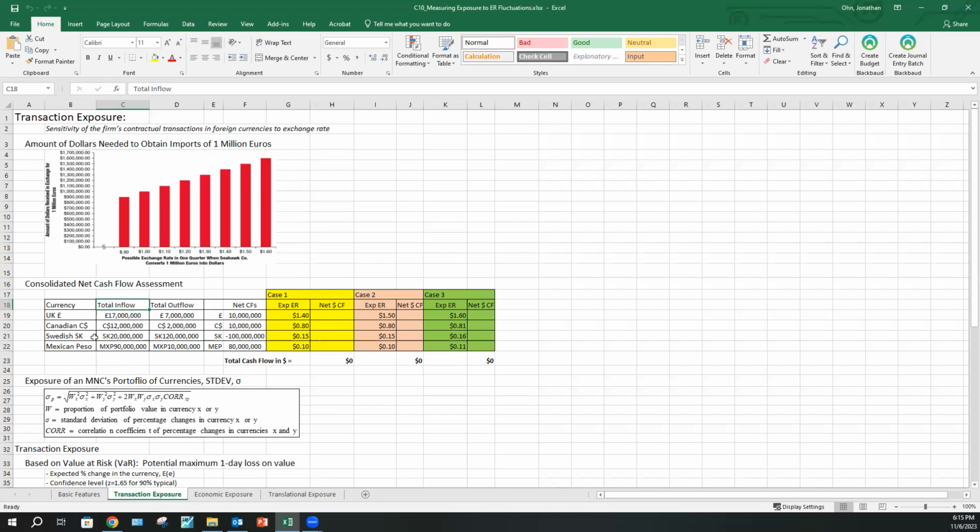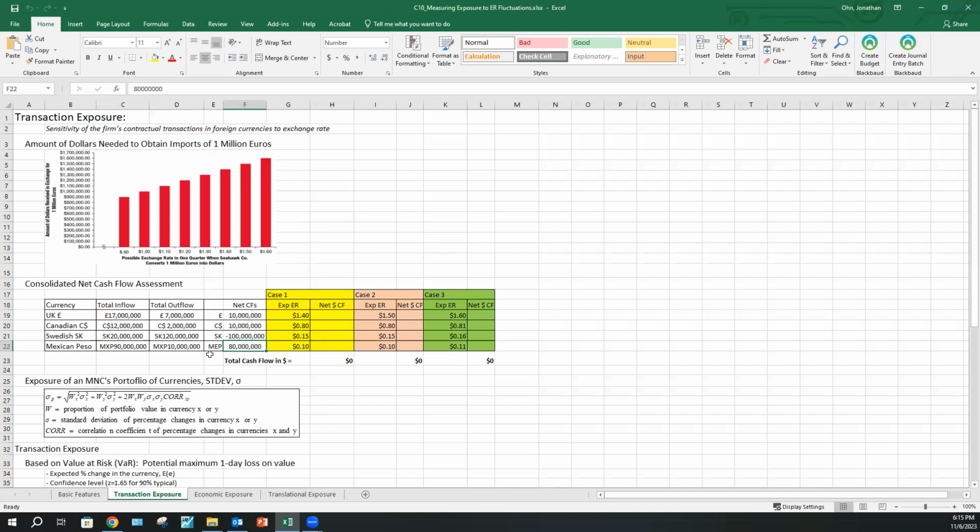Swedish krona, it's 20 million Swedish krona inflows, but 120 million cash outflows to Sweden. So net cash flow here is 100 million Swedish krona outflow. And Mexican peso, 90 million inflows and 10 million outflows. So net cash flow in Mexican peso is 80 million Mexican peso.